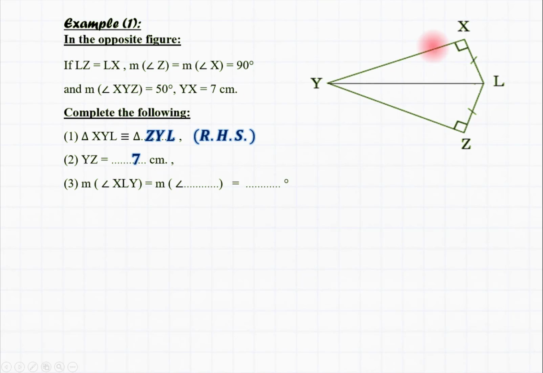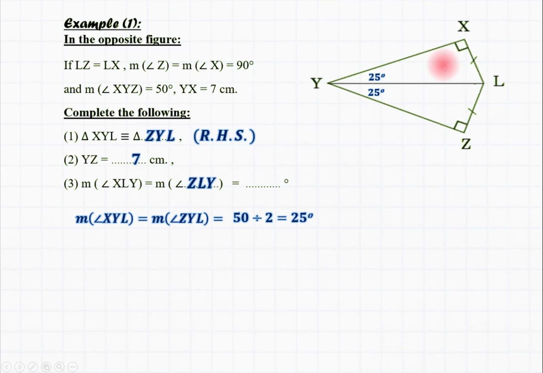Because the measure of angle Y equals 50 degrees, the measure of angle XYL will equal the measure of angle ZYL. We divide 50 by 2, then each angle will equal 25 degrees. Then the measure of angle XLY will equal the measure of angle ZLY.